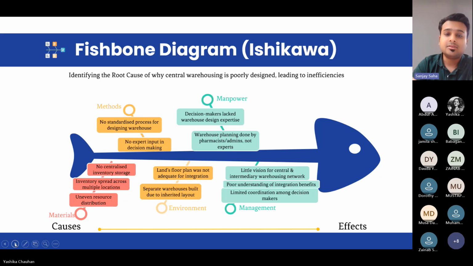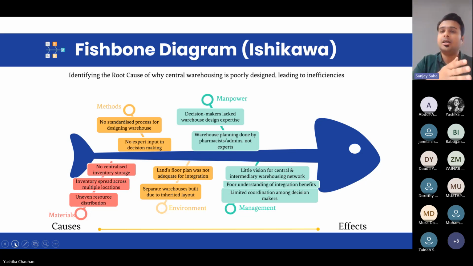Then you can also look at some other causes under methods and environment, like no standardized process for designing warehouses, no expert input taken, the land's floor plan was not adequate, separate warehouses built due to inherited layout, or the reason could also be that the separate warehouses were built as and when funds were available.